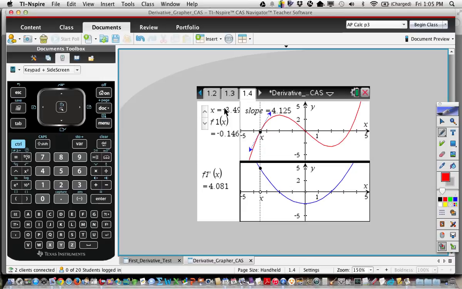So if I drag this point, let me go down here and do it. If I drag this point right here, and I get on the blue graph. So now remember, the blue graph is F prime. Remember how we talked about the F prime, the Y values are the slopes of the red graph. Okay, what can you tell me about the blue graph right through here?